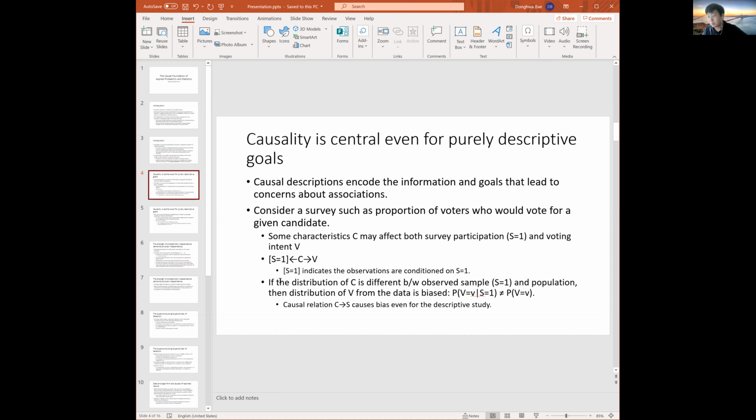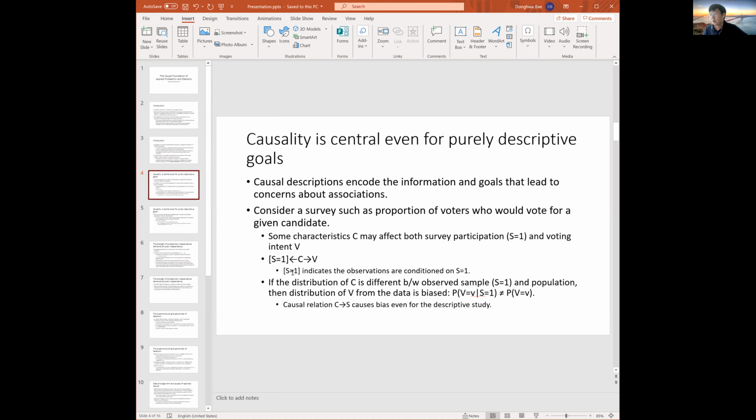So if the distribution of the characteristic is different between the observed sample and the population, then the observed distribution of V is different from the real world, the population.